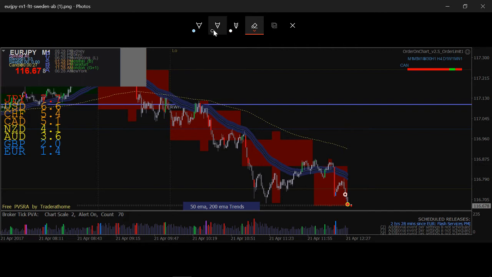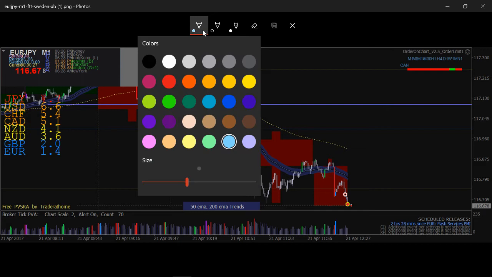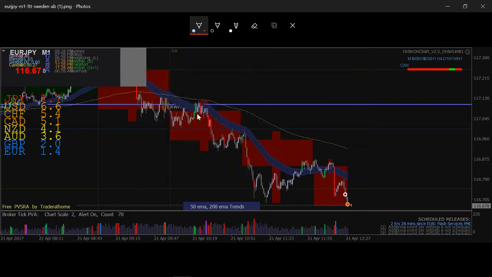Then you have notable volume here, and then notable volume here. So the tops have notable volume and the tops are becoming lower and lower.